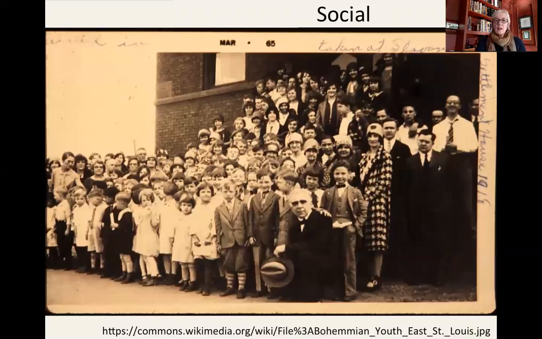We also saw a lot of work going on with the settlement movement.